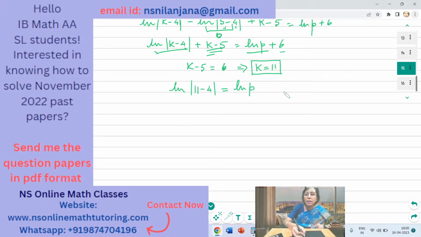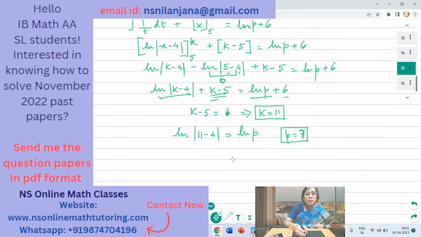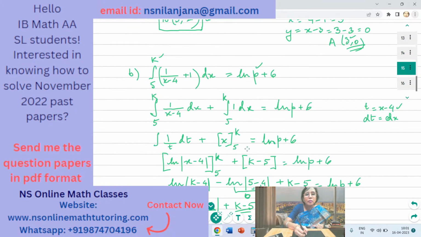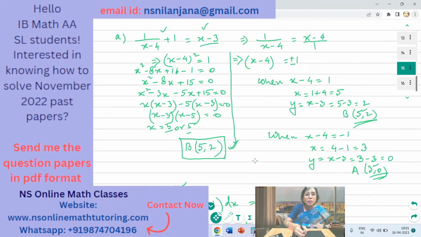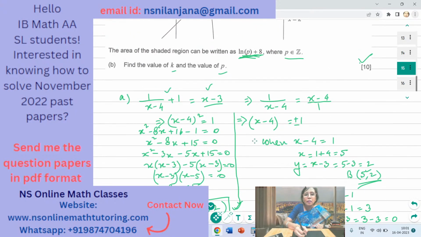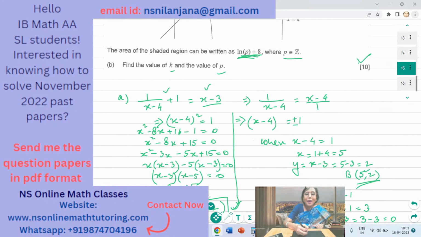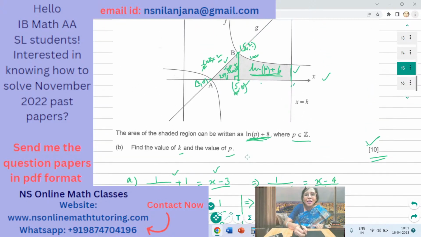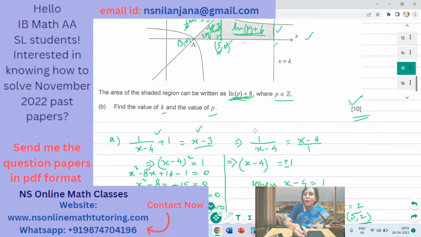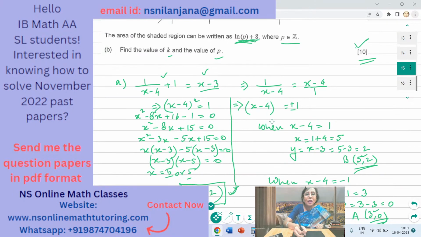So we will be equating the arguments and we get p value as 7. Okay. We are done. And we have got 10 marks, you see. We are done with question number 8 as well.